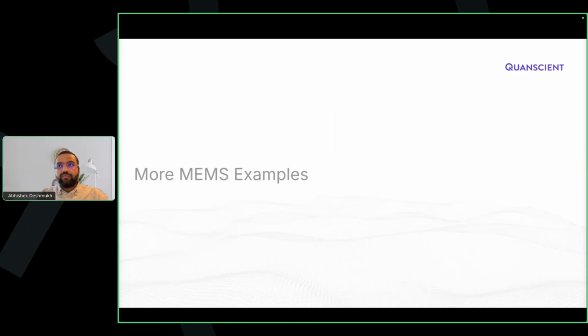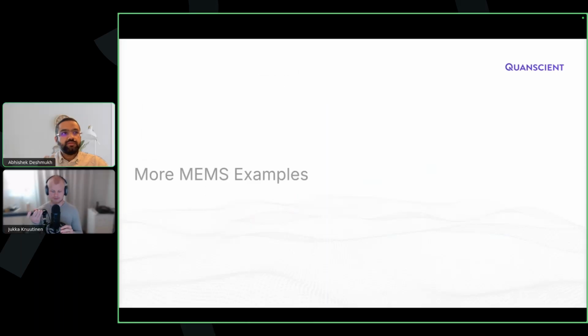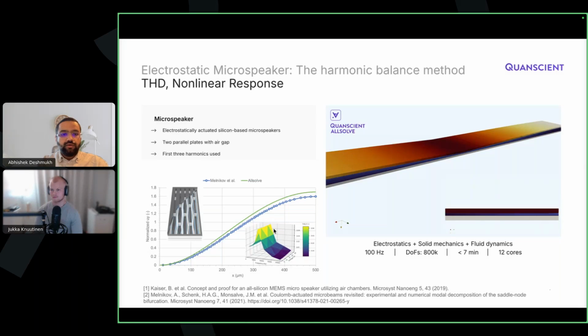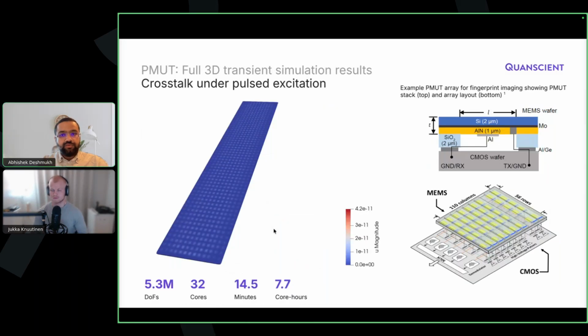Okay, so that concludes the FBARs, and there are more MEMS examples that we have covered in the past, a few of which I wanted to show. So, the electrostatic microspeaker, which we have shown before. Then PMUTs, we have covered this in great detail in the past.